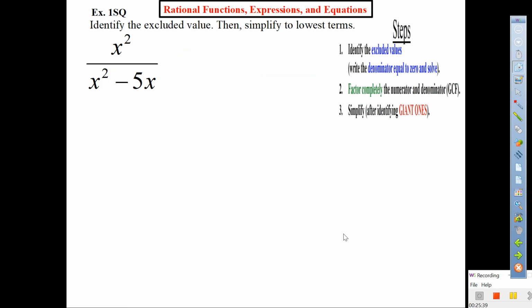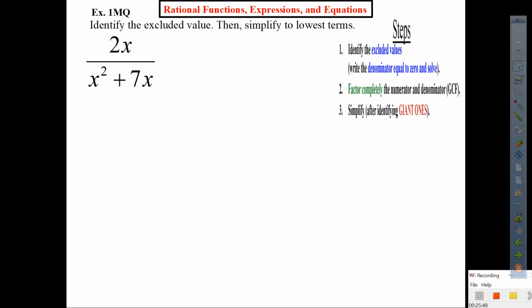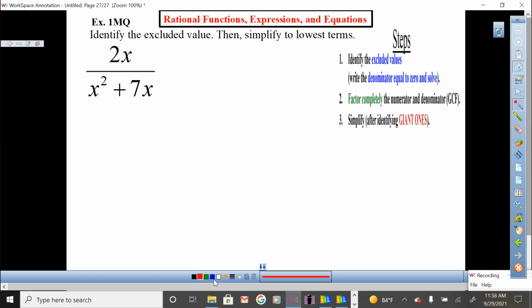Example 1 mega q, 2x over x squared plus 7x. Find me the excluded value, and then from there go to simplify to lowest terms. Copy that and go. Alright.